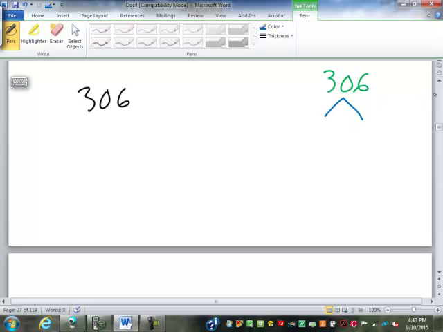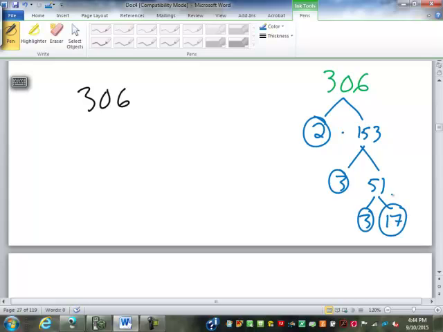Which one did you guys see first? 2, okay, so divided by 2 would give us 153. 2 is prime. 153. 3 and 51, very good. 51. 3 and 17, very good. So this is 2 times 3 times 3 times 17, or 2 times 3 squared times 17.